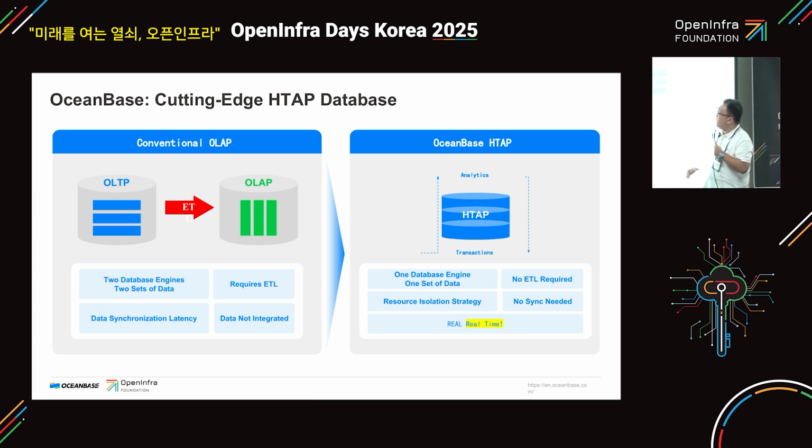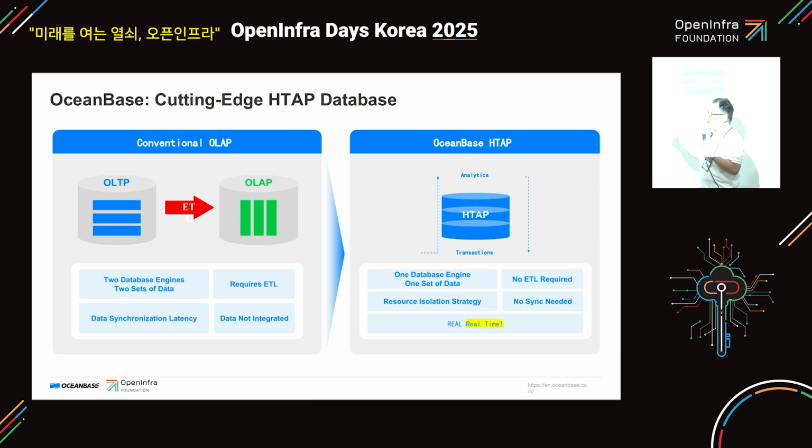Let's introduce OceanBase HTAP capability. In the conventional architecture, if the customer wanted to perform OLAP queries, they need an ETL tool to do data synchronization from the OLTP database to the OLAP database. It means there are two different databases in the system, as well as two different data sets.